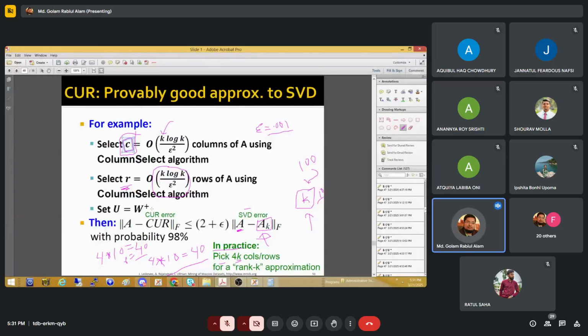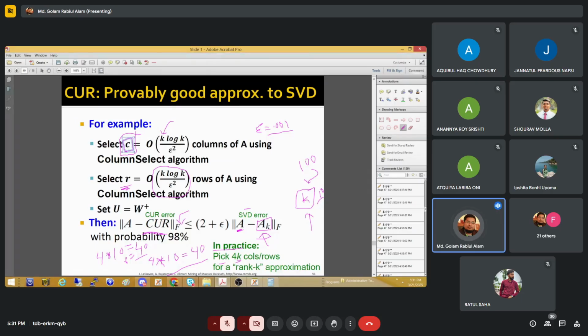And then there is a theorem for that. Specifically, if we compute the CUR, that is C, U and R, if we compute those three matrices and subtract this from A, where A is our data set, and compute the Frobenius norm of the subtracted matrix, it will be less than this error.